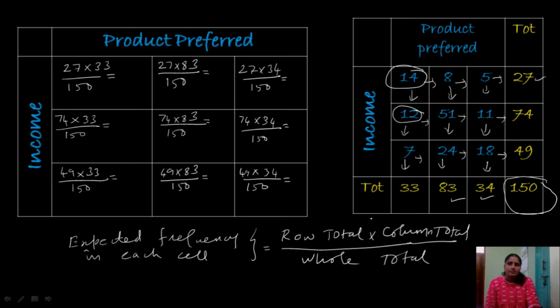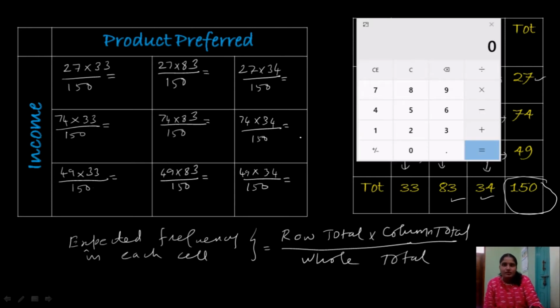Now, we have to calculate the expected frequencies. So, I have to calculate this value first. 27 multiplied by 33 and divide this by 150, you get the value as 5.94.